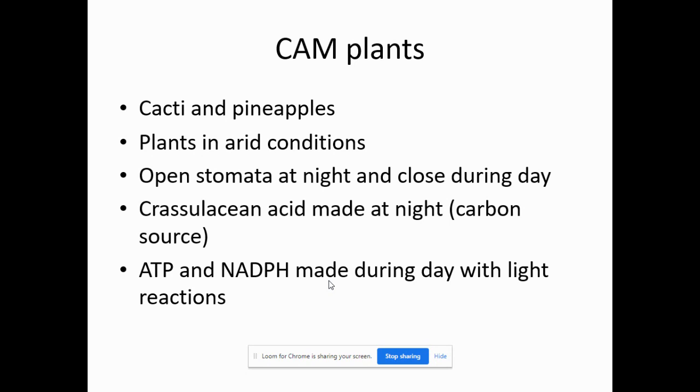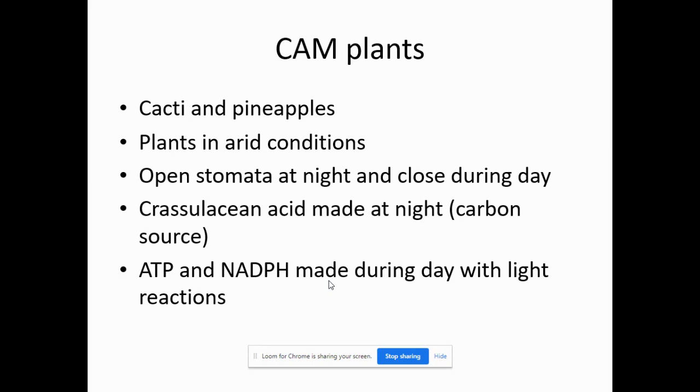Well, that presents a problem, because you open your stomata at night when it's cooler, so less water loss. You can get carbon dioxide, but when do the light-dependent reactions occur? They have to occur during the day because the sun fuels the light-dependent reactions. So there's the conundrum.